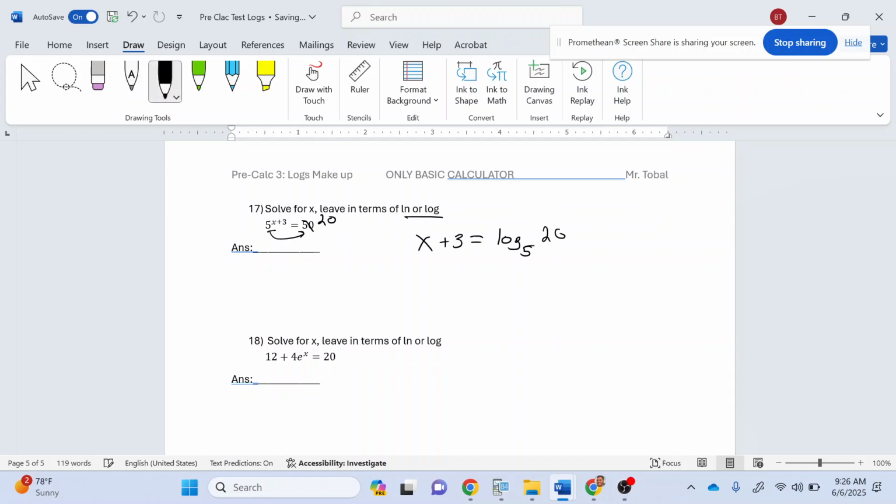So if you had only a basic calculator, you can't solve it. And in the multiple choice, I'd probably leave it in terms of log anyway. So then I got to do minus 3, minus 3. So your final answer should be x equals log base 5 of 20, because I think yours is 20, minus 3.